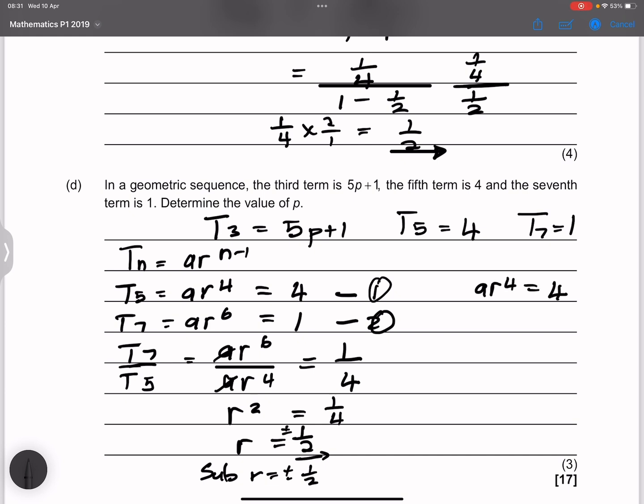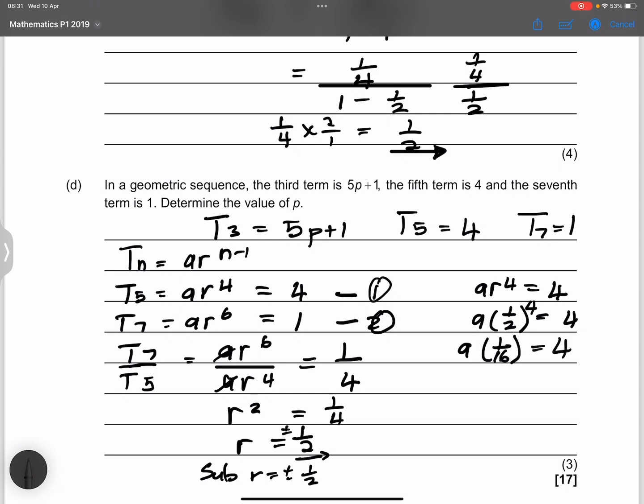So a times 1 over 2 to the exponent 4 is equal to 4. So let's see what we get for the value of a. This is going to be a times 1 over 16 is equal to 4.